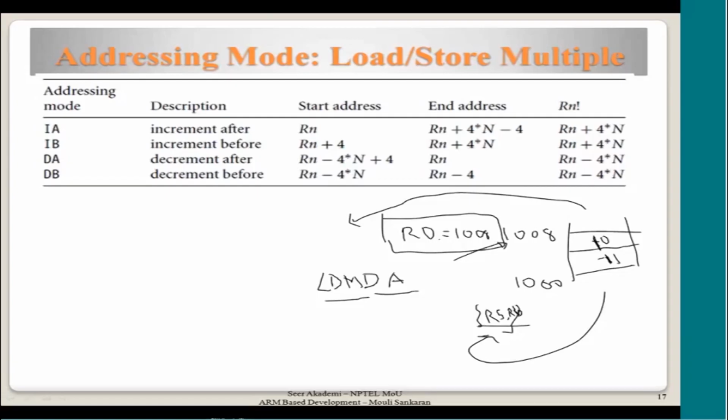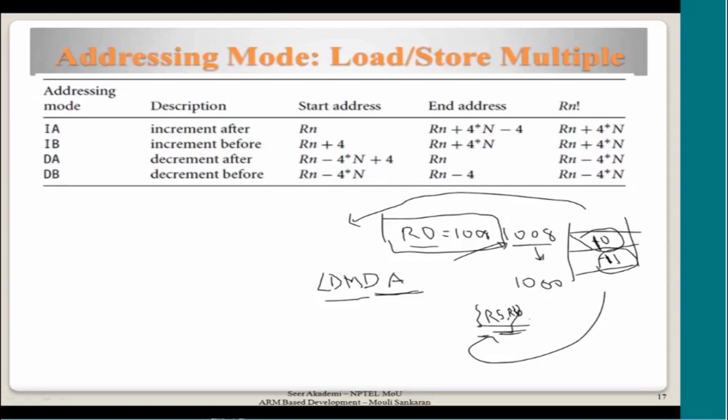Now currently the base register R0 is pointing at 1008, and I am telling the processor decrement after. That means you access this location first, and then you decrement it, and then access the next location, and then copy into R5, R6.